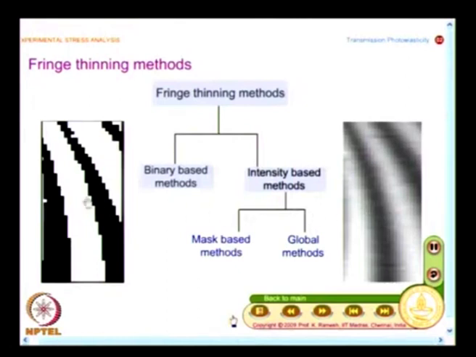One can view this as a black and white picture, and that is what is done in the binary based method. Essentially, whatever developments there were in optical character recognition, people directly applied to fringes. And one of the advantages in photoelasticity is that the fringes have very good contrast.